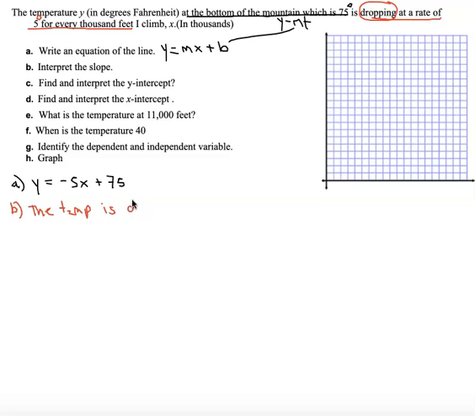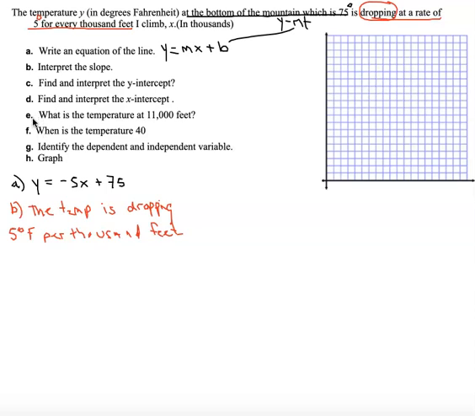The temperature is dropping 5 degrees Fahrenheit per 1,000 feet. And that will be my interpretation. The temperature is dropping, and I have to write the negative sign because it's implied when I say dropping. The temperature is dropping 5 degrees Fahrenheit per 1,000 feet.